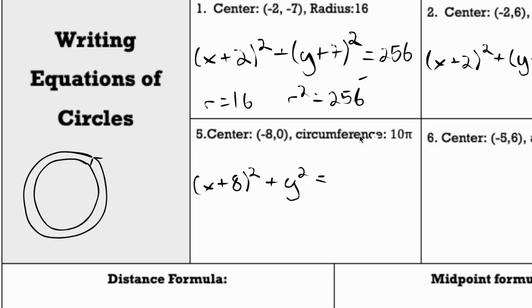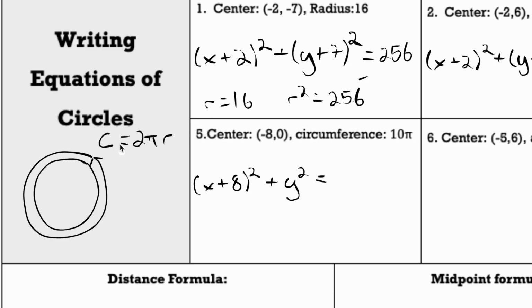One equation for our circumference is 2 pi r, or the diameter times pi, but the diameter is equal to 2r.